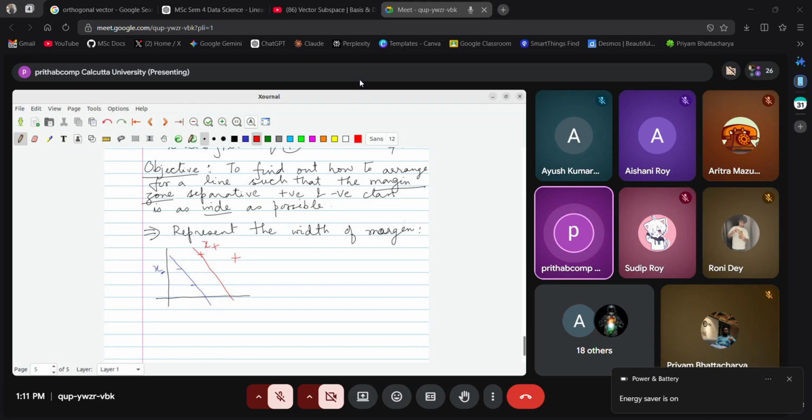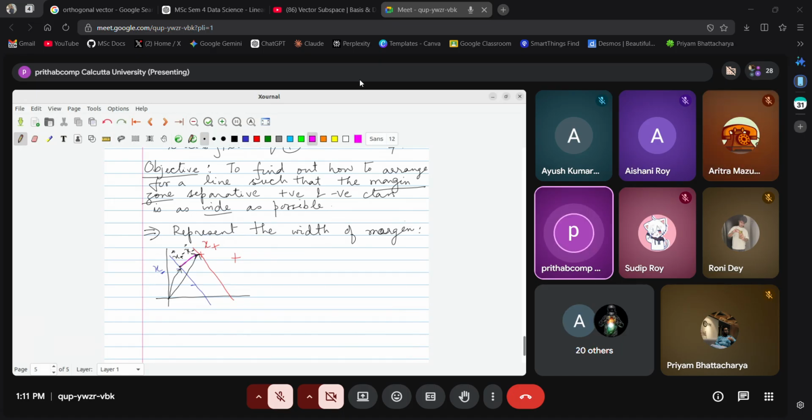These are actually the vectors. This is the x minus vector, and this is the x plus vector. Now you can see very nicely this gap can be calculated like this vector. This vector is nothing but x plus minus x minus.